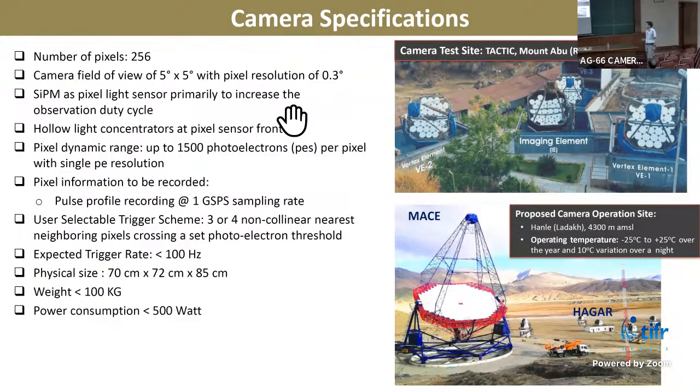And because silicon photomultipliers are immune to that light, they can be operated in partial moonlit conditions. Thus, it will help increase the observation duty cycle of the telescope.